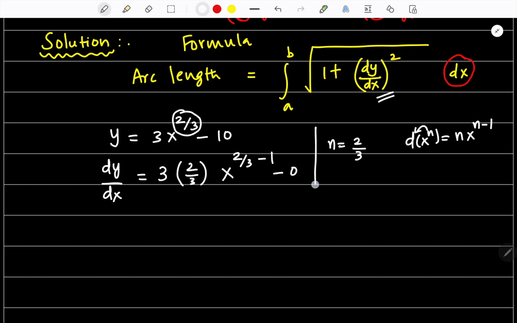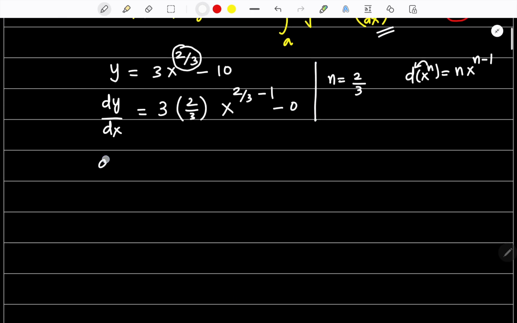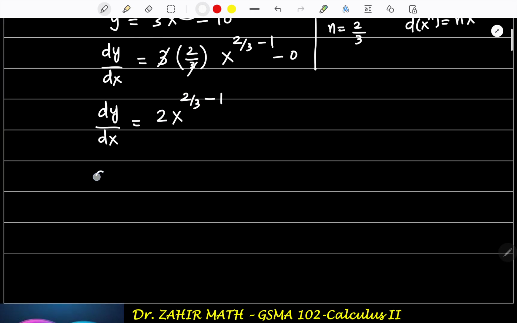The derivative of minus 10 is 0. So the 3 cancels, and dy/dx is equal to 2x to the power of 2/3 minus 1.